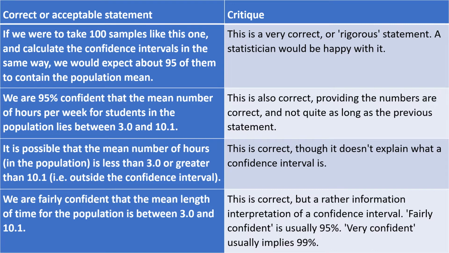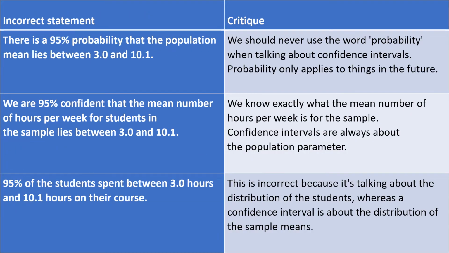If we say fairly confident, it is usually 95%. Very confident is usually implying 99%. So remember that. Fairly confident is usually 95%. Very confident implies 99%. Over here we've got some incorrect statements.